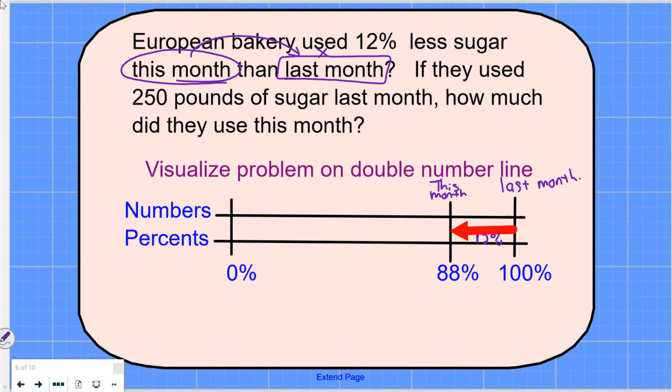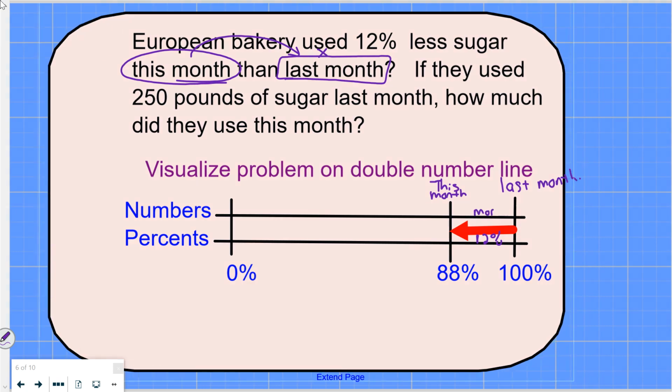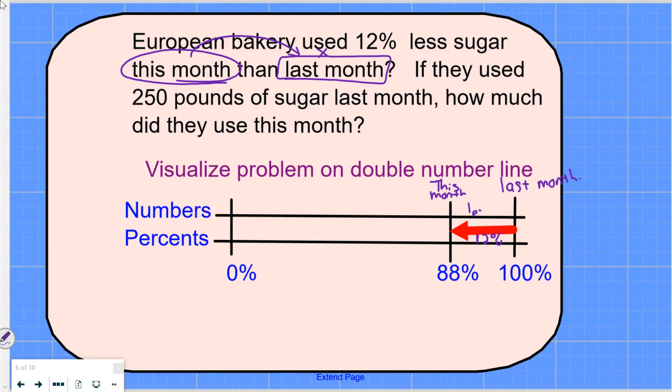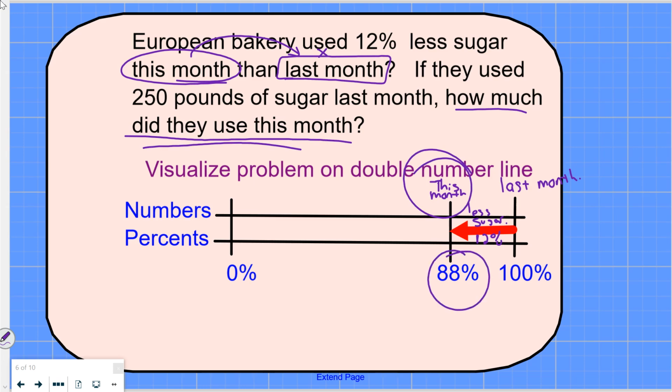So which one do you use? Do you use the 12% or the 88%? If you want to know the total amount, so I want to know the total amount of sugar used this month, in that case, I need to use the 88%.